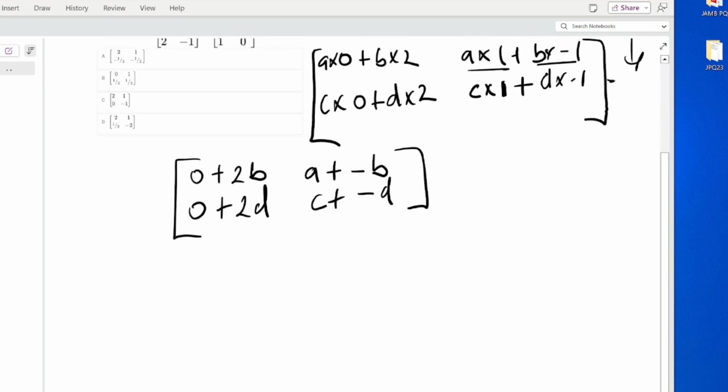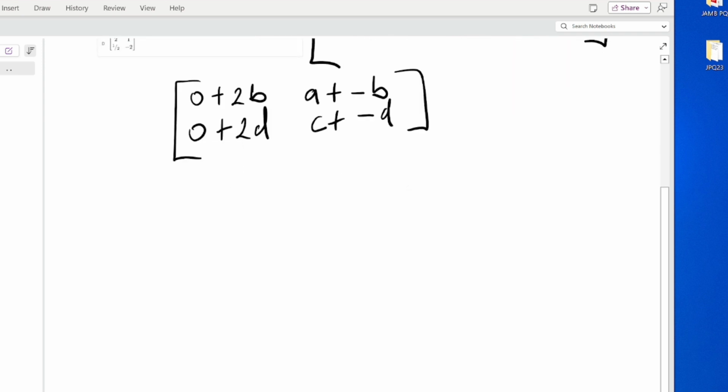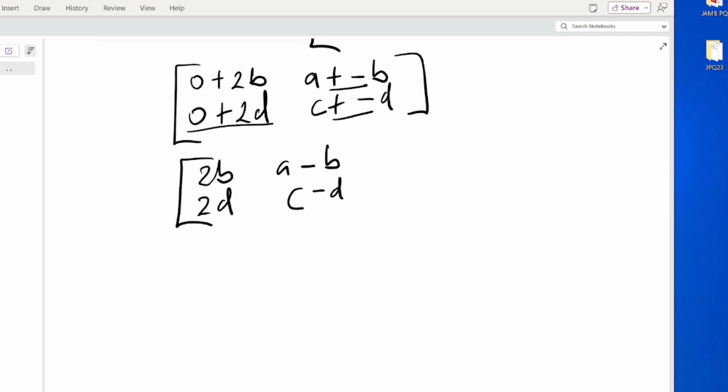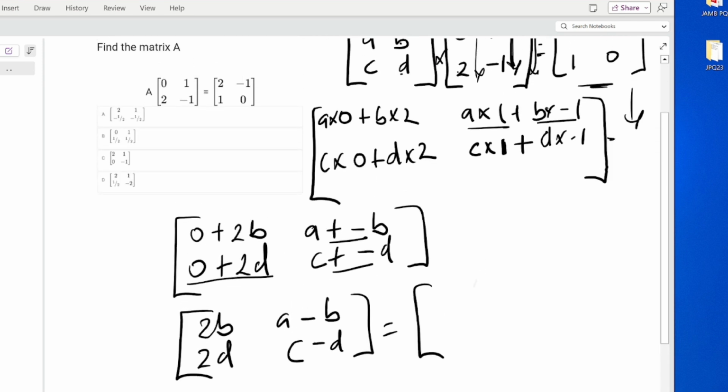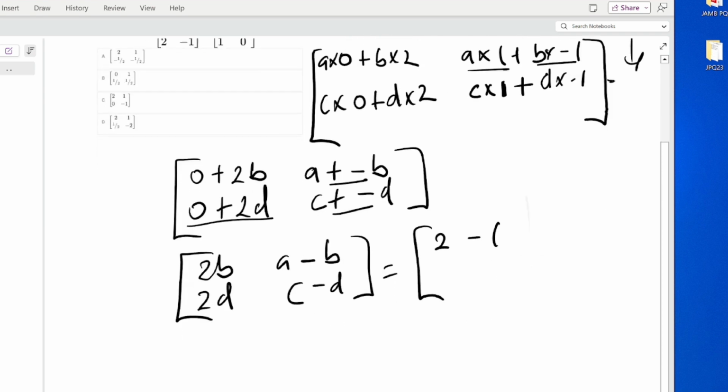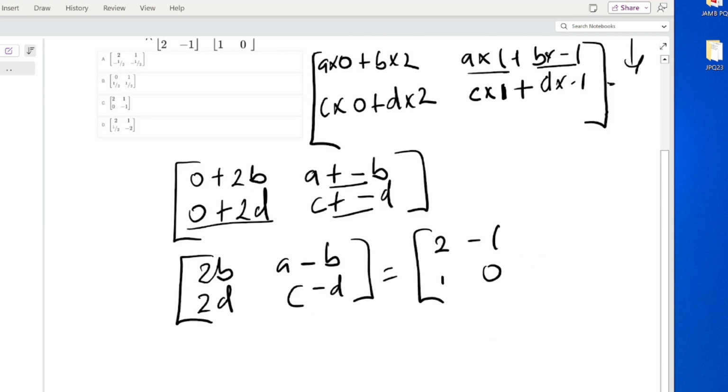We can go down a bit more to solve. We have 0 plus 2b is 2b, 0 plus 2d is 2d, a minus b, then c minus d, which will equal the value of 2, minus 1, 1 and 0.